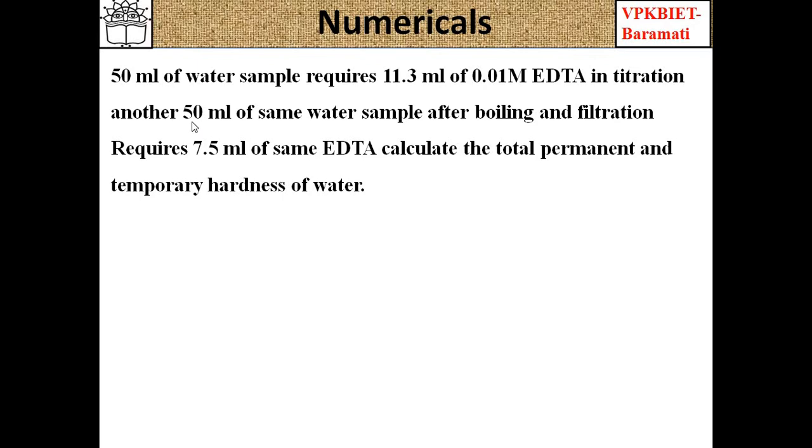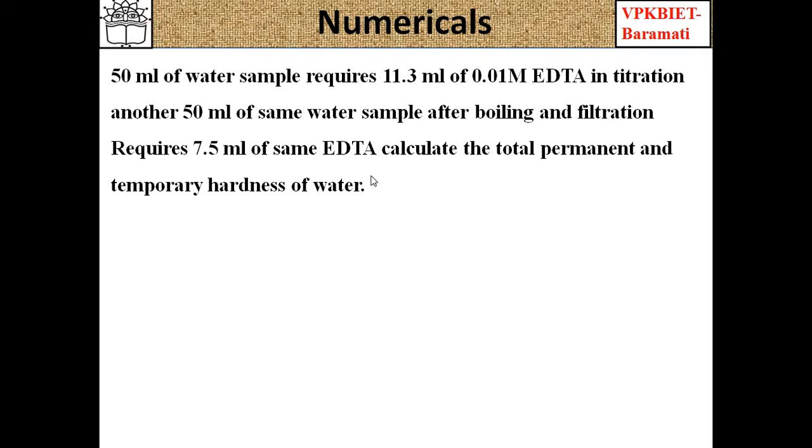In the second titration, we have taken the same 50 ml water sample, but this water sample is boiled and filtered. After boiling and filtration, the same 50 ml is taken and again titrated with the same 0.01 molar EDTA, and now it requires 7.5 ml of EDTA for complete titration.